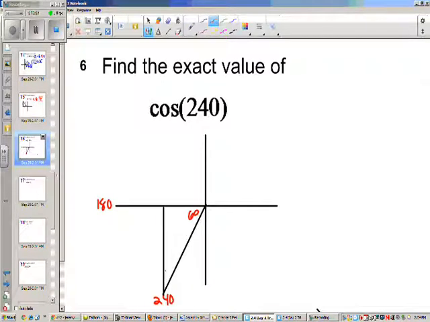So we have a 30, 60, 90 triangle. You can draw any 30, 60, 90 triangle. I like the 1, 2, root 3. And we have to check our negatives. This goes to the left, so that's negative. This goes down, so that's negative. So the cosine of 240 is going to be adjacent, which is negative 1, over hypotenuse, which is 2. So that's negative 1/2.